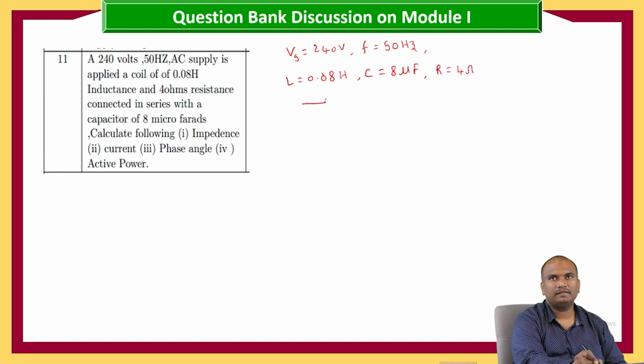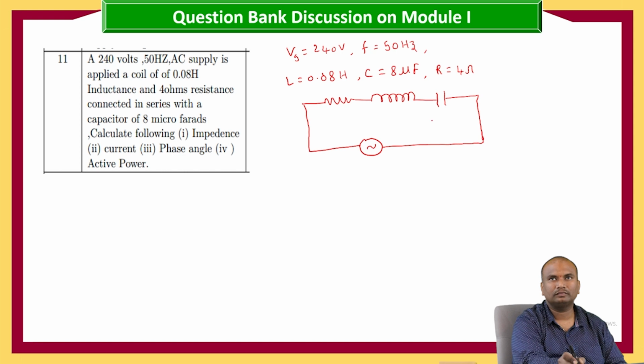So these are connected in series, which means our circuit will be like this: 4 ohms, 0.08 henries, 8 microfarads, and here it is 240 volts.